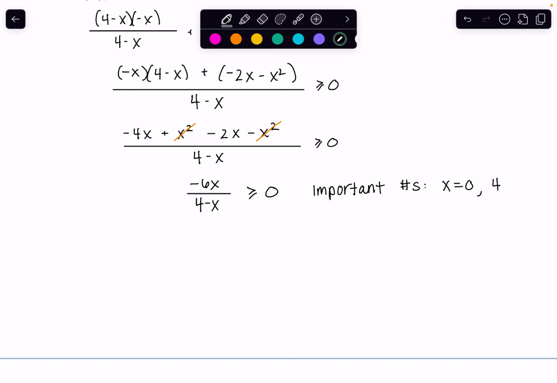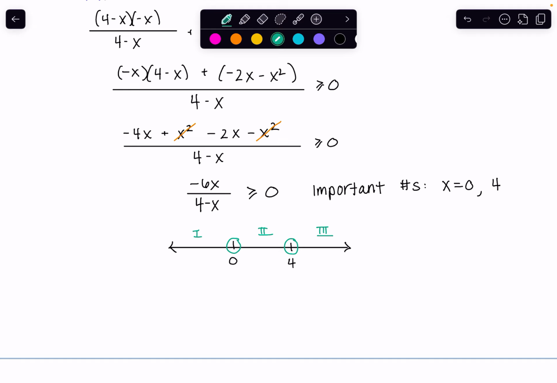So that's going to be how I break my number line down. We got 0, we got 4. We put open circles at them and we see, can we fill this in? But ultimately, again, I'm going to have 3 intervals to test.